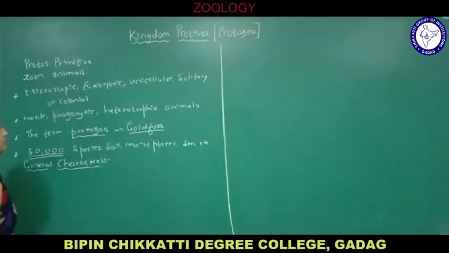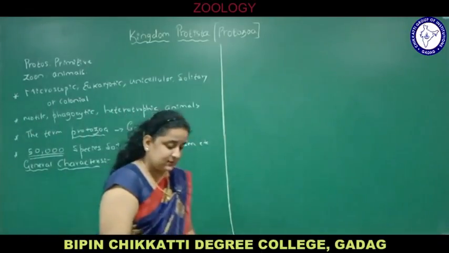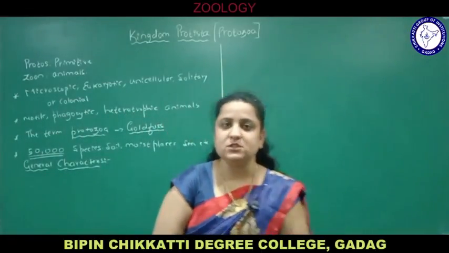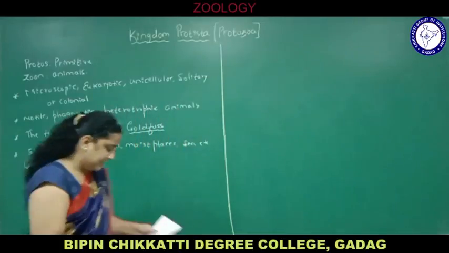These are some of the most basic common features we have seen. Now these are the general characters.